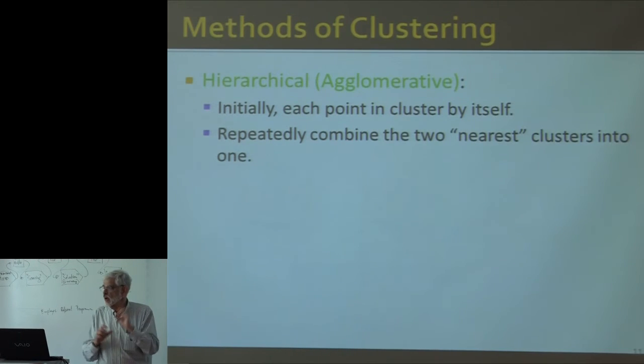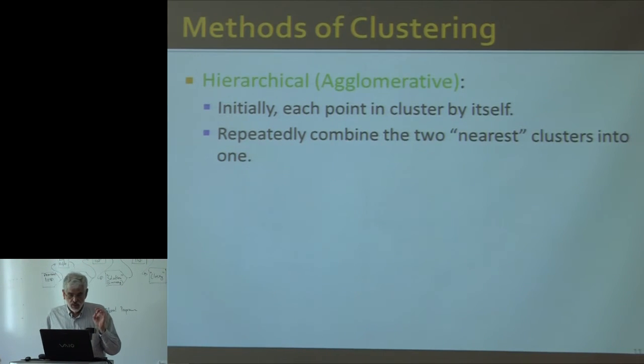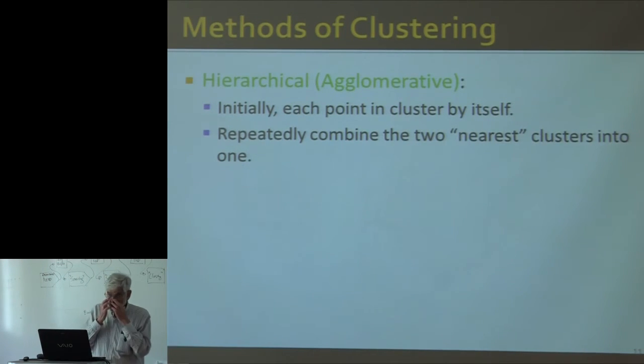If that's the case, you want to use the second method, which is called point assignment. But if the clusters are weird-shaped things, then this is probably the best way to cluster. By the way, it's computationally more expensive, but it's more likely to give you a sensible answer.